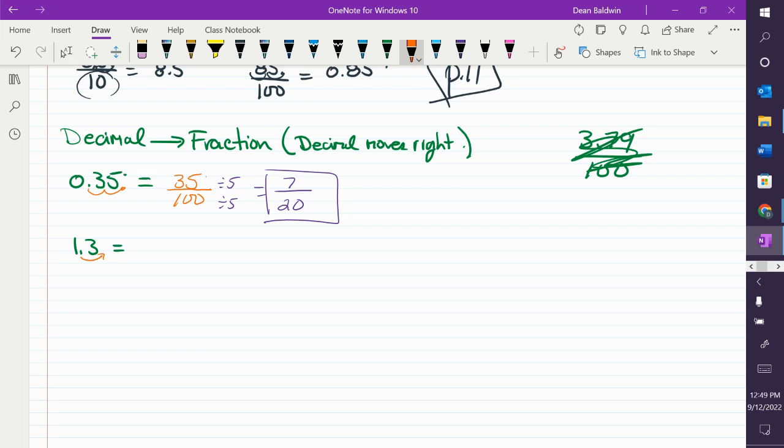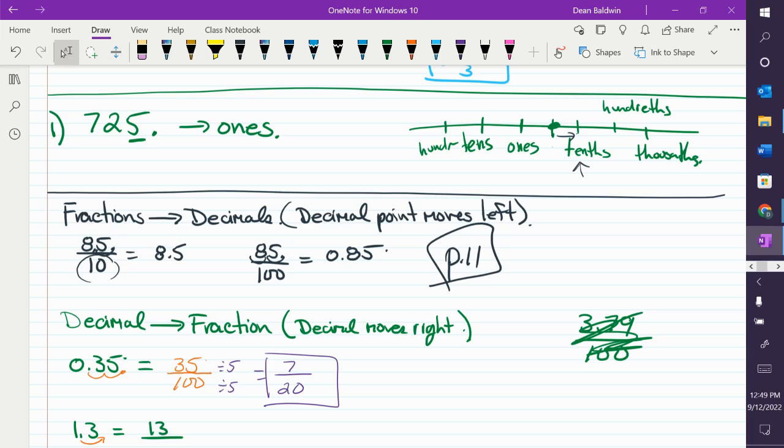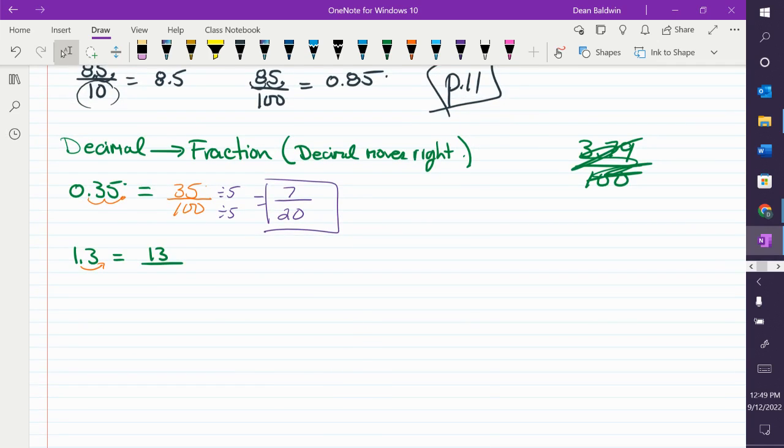That gives me 13. If I move it 1 spot, what is that on the number line? That's a tenth, right? So you just put 10 in the denominator. Then ask yourself, can you reduce it? No. So you're done.